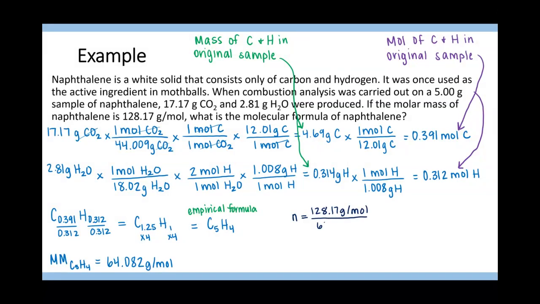Empirical formula molar mass is 64.082 grams per mole. So if you simplify this fraction, we have an N of approximately 2.